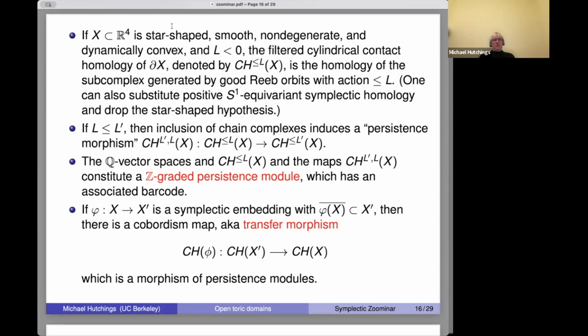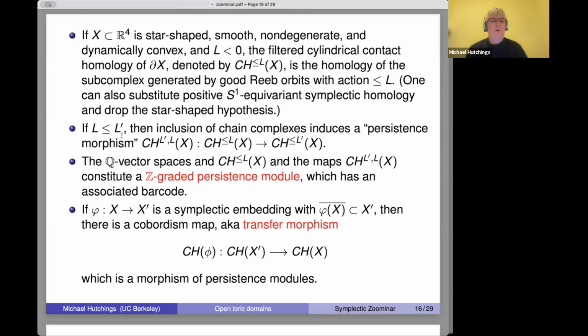So for each positive real number L, we can just look at the subcomplex generated by Reeb orbits with action less than or equal to L. And the differential preserves this subcomplex because the standard calculation shows that the differential decreases the symplectic action. And I denote the homology of this subcomplex by CH less than or equal to L of X.